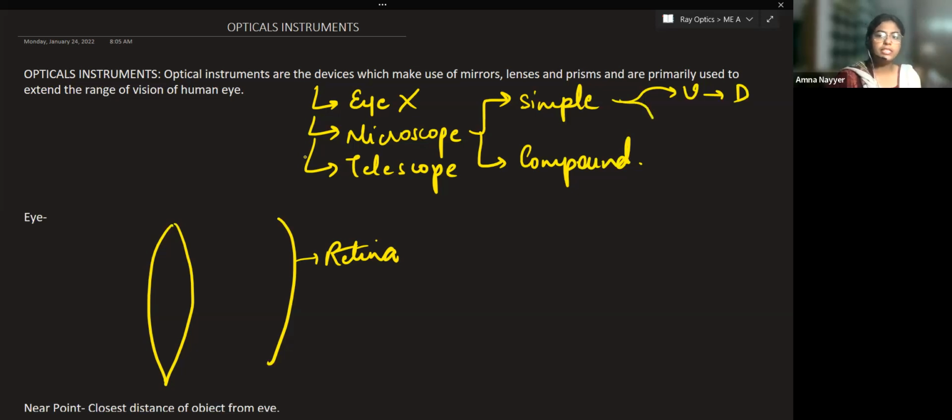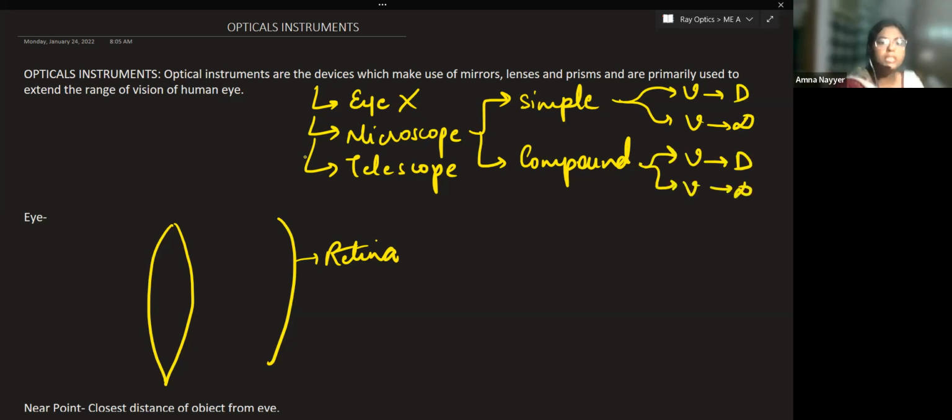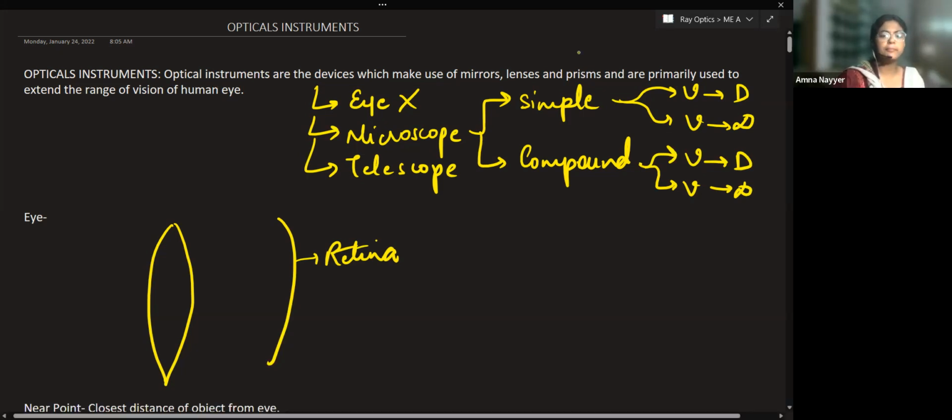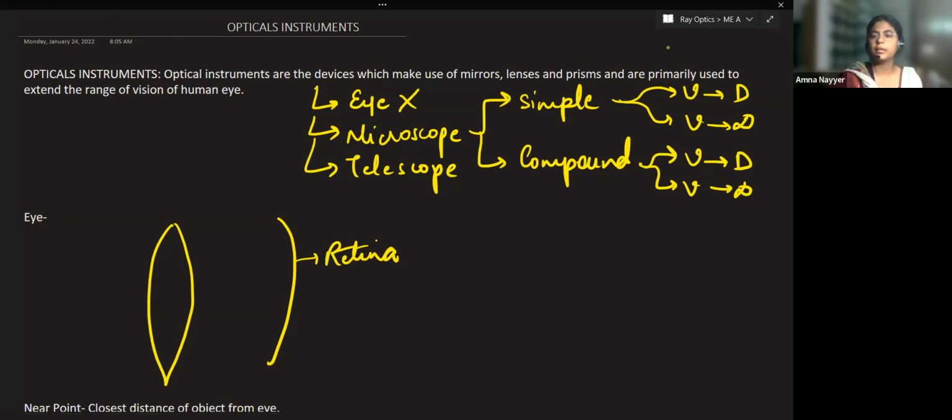And one case when the final image is formed at infinity. Both the cases, near point and far point. Similarly, for compound microscope also we'll see least distance of distinct vision and when the image is formed at infinity. Both these cases we'll study. So we'll start with simple microscope directly. But before that, just copy this down, then I'll start with simple microscope.